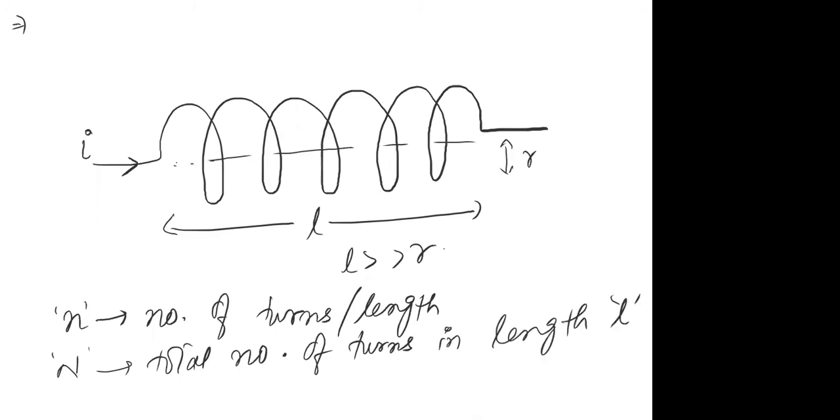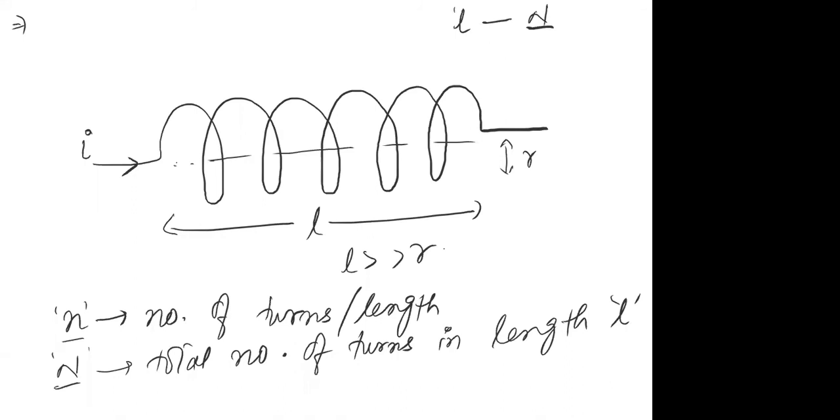Can you tell me what will be the relation between small n and capital N then? I told you L length contains a total number of turns equal to capital N. So what will be the number of turns per unit length? Total turns is N, so how many turns will be there in a unit length?